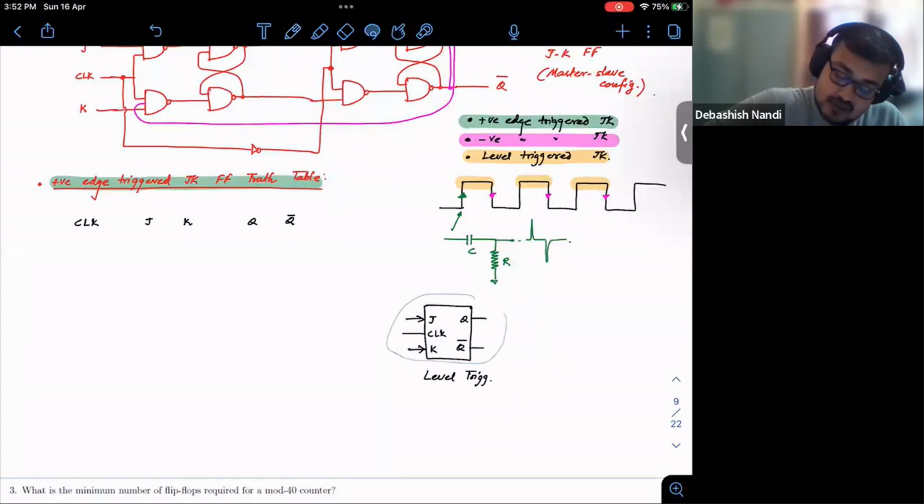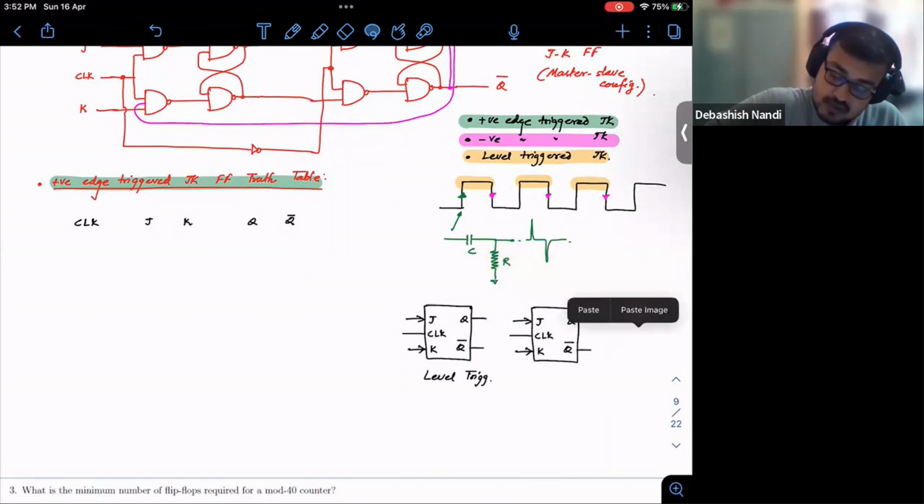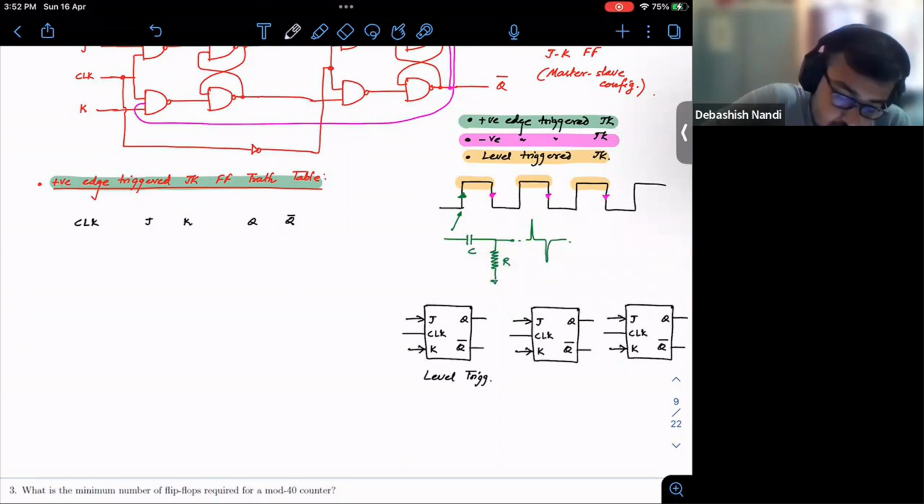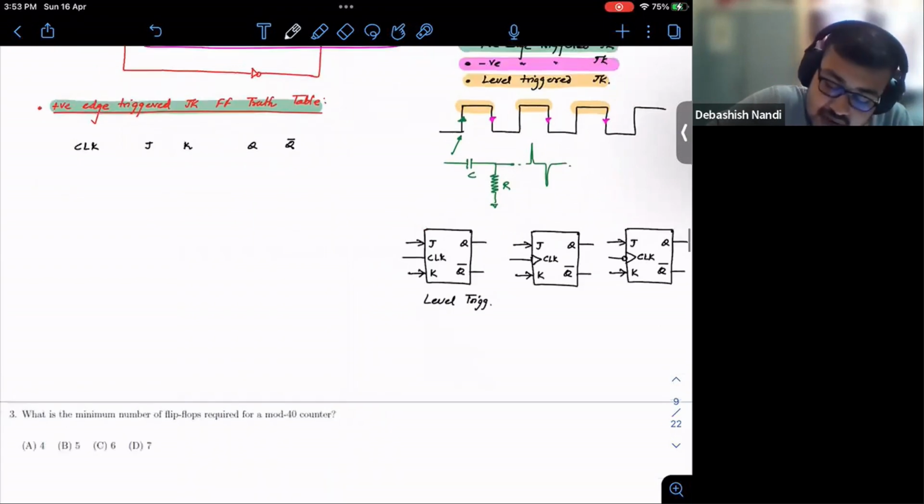Similarly, for positive edge triggered, the circuit will look something like this. This is your clock. And for negative edge triggered, it will be a bubble, the same as positive edge triggered, but just with a bubble.